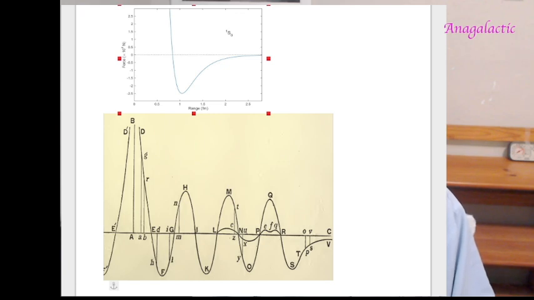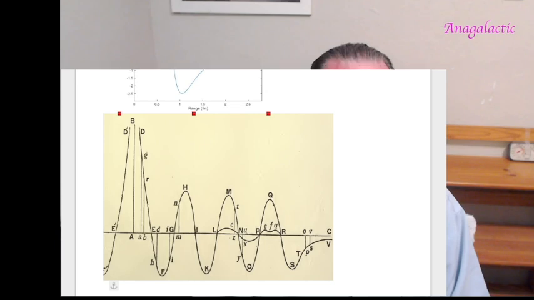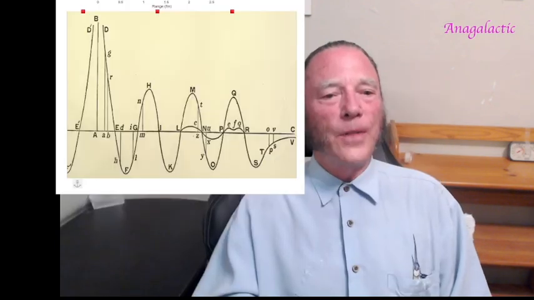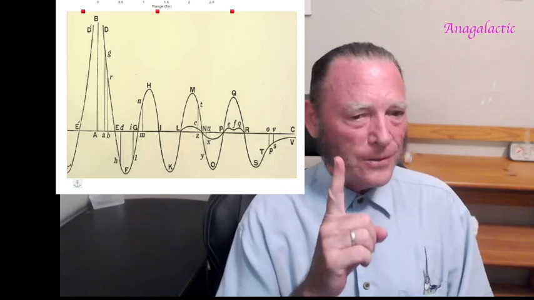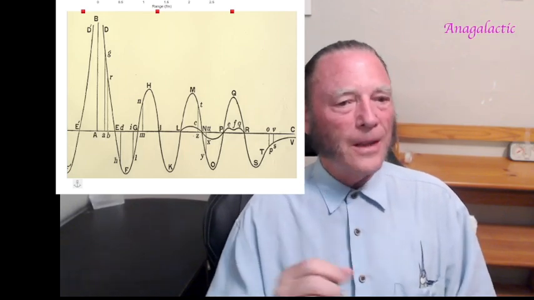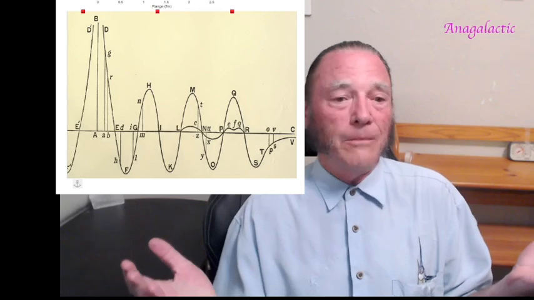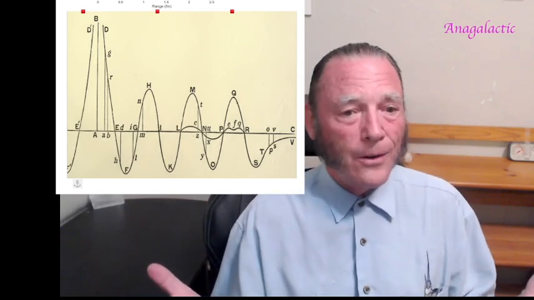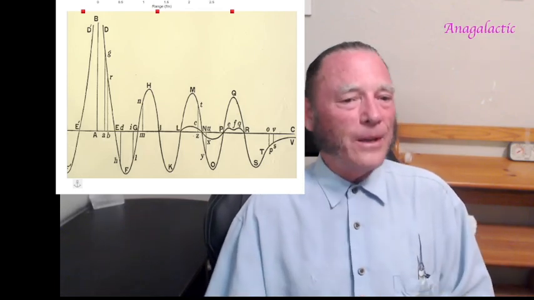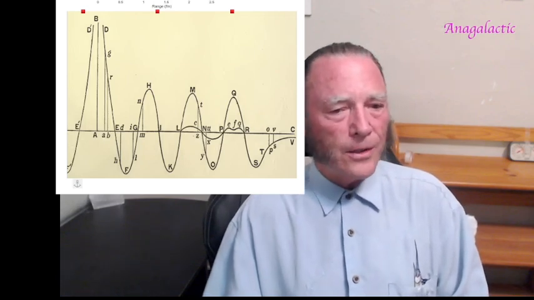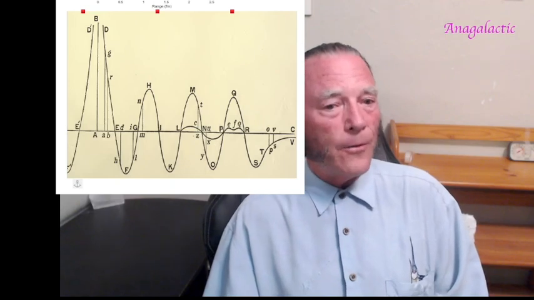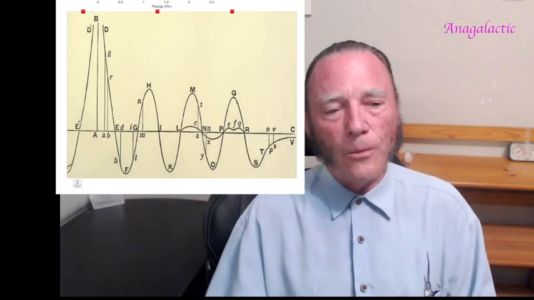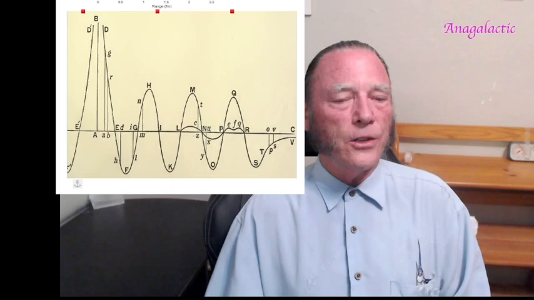Okay, now we're going to do something here, and I hope I do this right. We're going to get rid of that. This is the Boscovich force curve, and the first difference that you have to know is Roger didn't know what a proton or an electron were, but it turns out that the way he constructed his algebraic curve, this is a mathematical curve with a formula, and it represents the relationship.